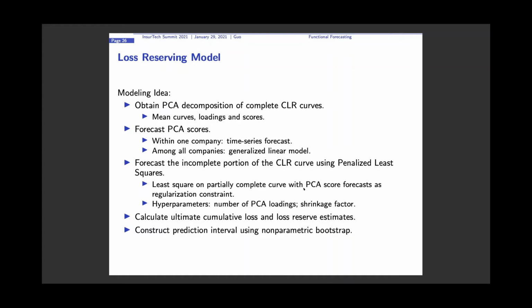And the constraint will be based on the PCA score forecast obtained from the complete curves. In this model, there will be 2 hyperparameters. Besides the regular shrinkage factor associated with regularization models, we will have the number of PCA loadings as another hyperparameter. And then after forecasting the CLR, we recover the ultimate cumulative loss, obtain point estimates, and construct prediction intervals.